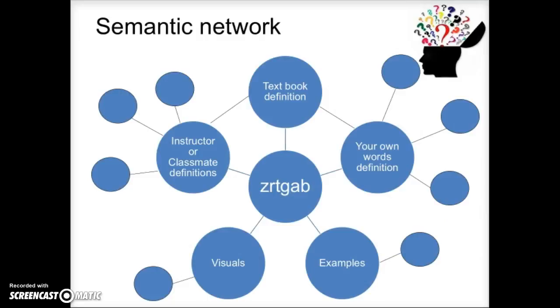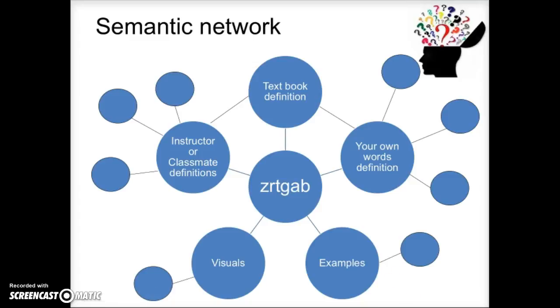Here is our previous example of a semantic network related to Zergab. I think I pronounced it wrong. All right. In order to retrieve this memory, I can activate the semantic network and travel down these pathways to get it.